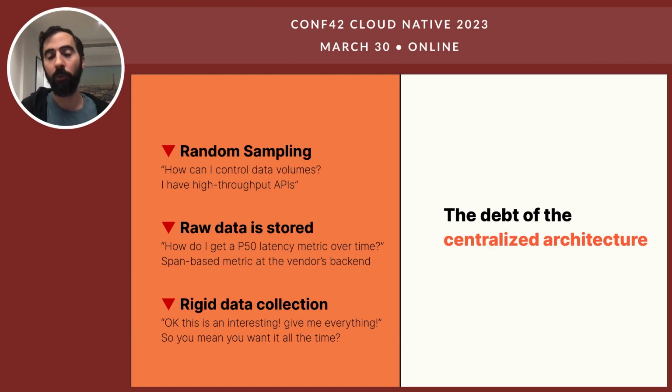That's super common for setting and enforcing SLOs. So if all I want is that P50 metric, why the hell should I store all these spans to allow the vendor to deduce the metrics that I want at his backend? That doesn't make sense anymore, and that's one debt that we're facing.